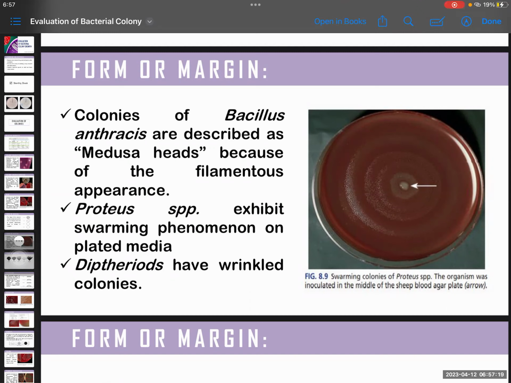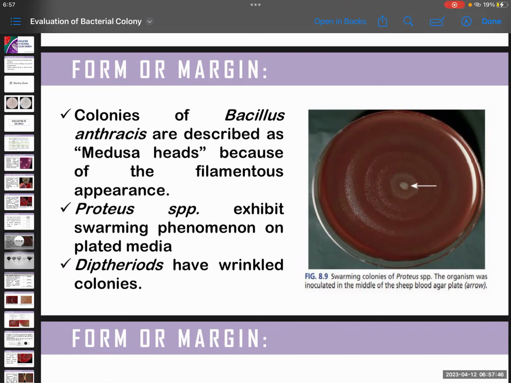So you can observe a lot of this class na medyo malawak ang imagination ng mga microbiologists natin kasi when it comes to describing colonies, madami tayong name for them. For example, medusa head colonies for Bacillus anthracis. Okay, for the next one, Proteus species also exhibit a very unique phenomenon referred to as the swarming phenomenon.